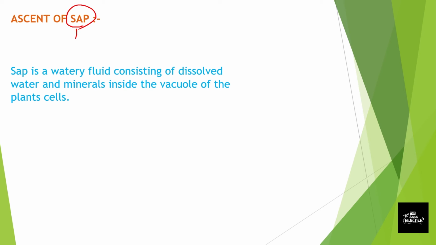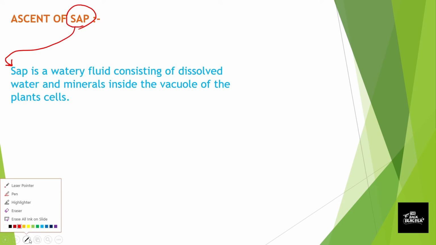Sap is nothing but a watery fluid which consists of dissolved water and minerals inside the vacuole of the plant cell. You all know that plant cells have a large centrally located vacuole. This is a very important point, because when you study animal cells and plant cells together, this point is going to be a difference between the two cells. So this is a very contrasting and vital point. Make sure you remember this point while studying.